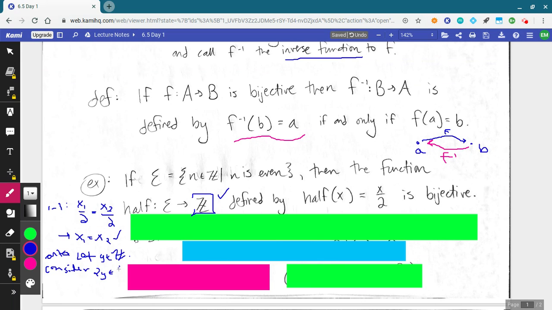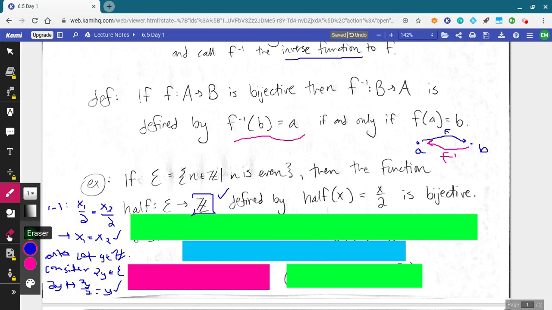That's an even integer, 2 times some integer. Let me say it like this: 2y gets sent, through our function, to 2y over 2, which is y, the element that we chose. Check. All right, it's one-to-one. It is onto. Beautiful. It's a bijection, so it has an inverse.